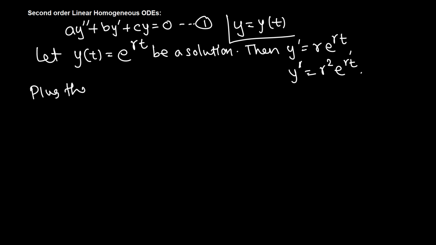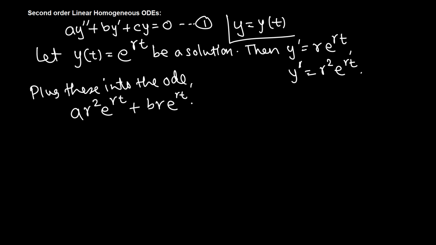Plug these into the ODE. a y double prime is a r squared e^(rt), plus b y prime, which is b r e^(rt), plus c y, where y we assumed is e^(rt), equals 0.